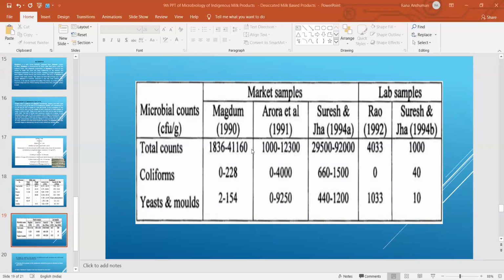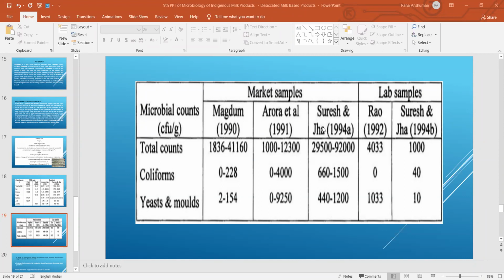They have concluded the total count reported by Magdum is from 1836 to 41,160, and Aurora et al. reported 1,000 to 12,300. At the same time, Suresh and Jha in 1994 reported 29,500 to 92,000.